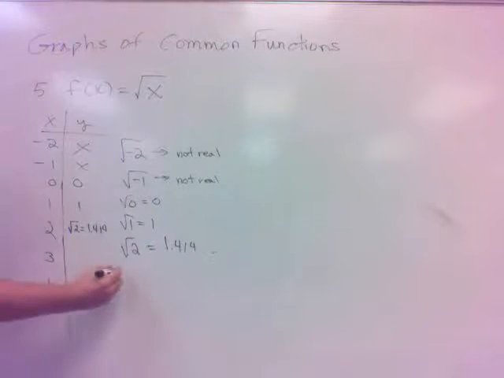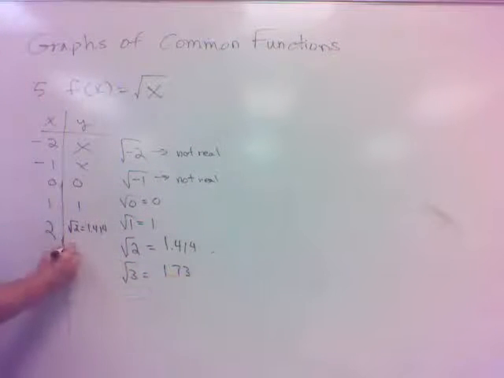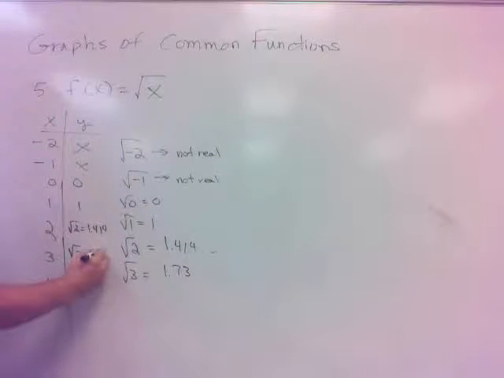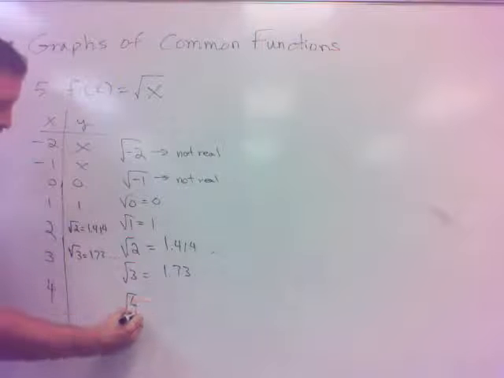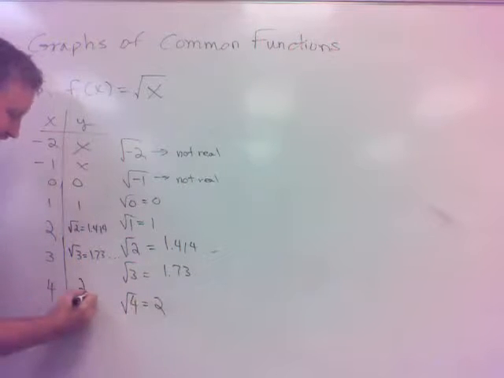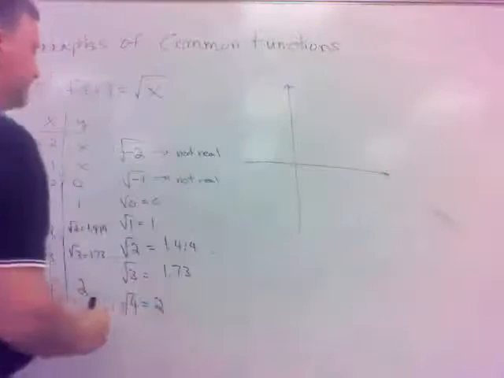Square root of 3 is not a nice square root, but is it 1.7 or something like that? Yeah, 1.73. It's a real number. Square root of 4 is a nice one. What do we get there? 2. Okay. All right, so here's what we get as far as the graph is concerned.